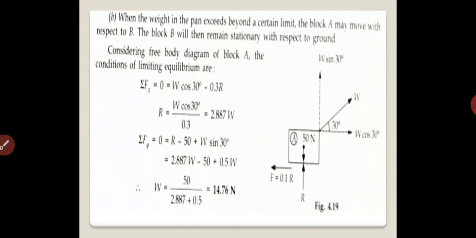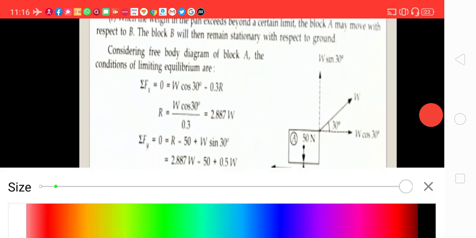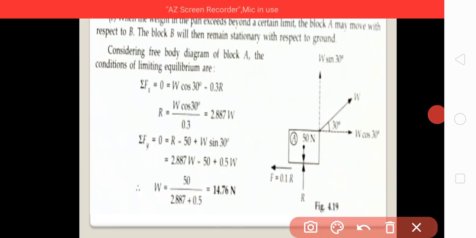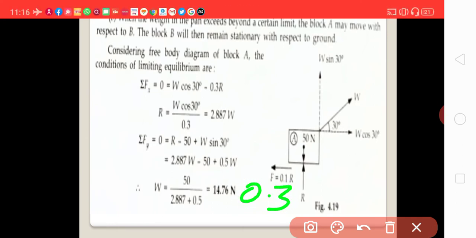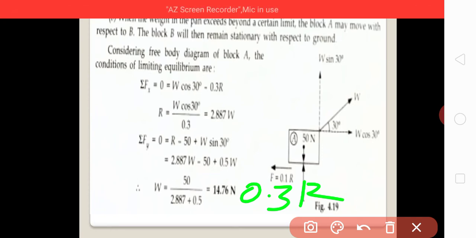Again, they have made the calculation. This is the problem with this book, that it has some grammatical errors. This is 0.3. F is equal to 0.3 R. Summation Fx is equal to 0, that is W cos 30 minus 0.3 R. Yes, here it is correct, but here he has made a misprint.